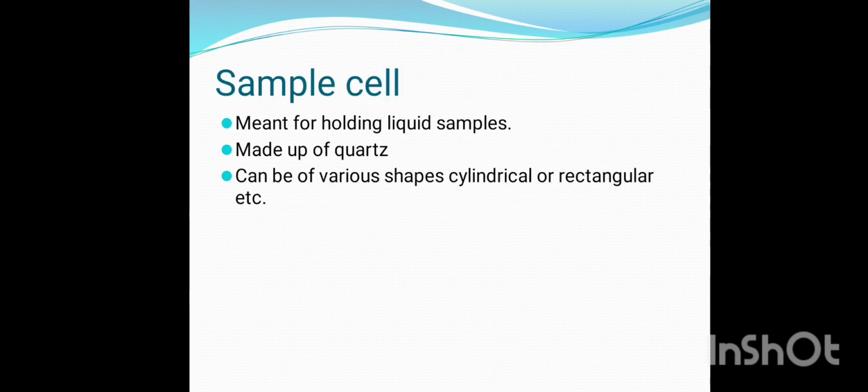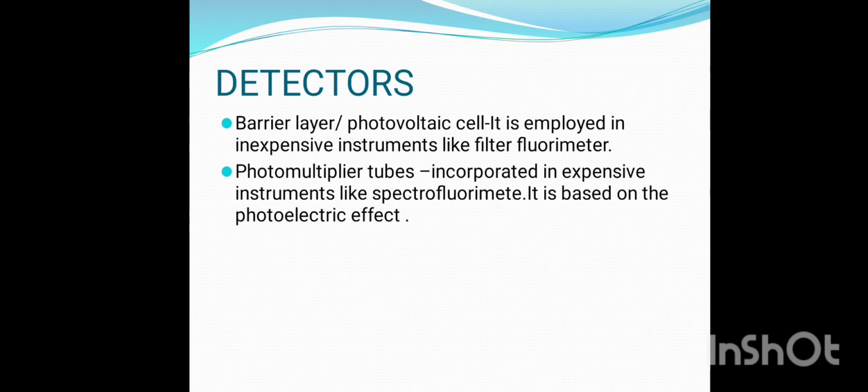Then the sample cell. The purpose of the cell is to hold the liquid samples, and it is made of quartz. It may be cylindrical or rectangular in shape. The detectors we use are barrier cells and photomultiplier tubes. In barrier cells we know that there are two layers. One is an iron metallic plate, and on that metallic plate we apply selenium.